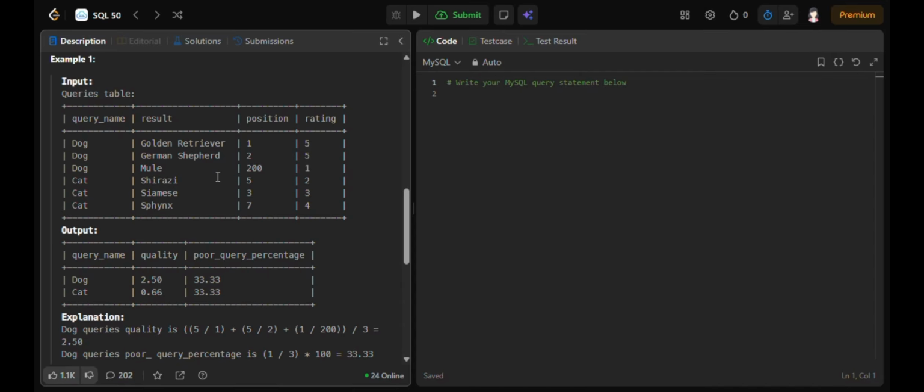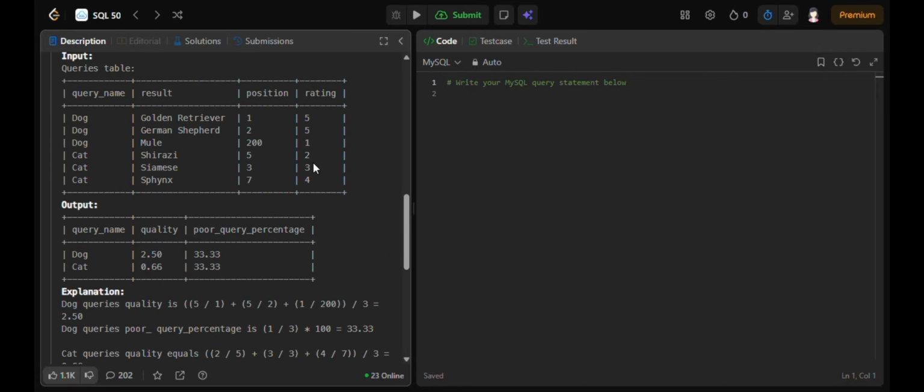So let's understand with this example. Here we have two different query names, dog and cat, where the result has different types of dog names and different types of cat names. In dog we have 3 entries with the positions 1, 2 and 200 and the ratings 5, 5 and 1.